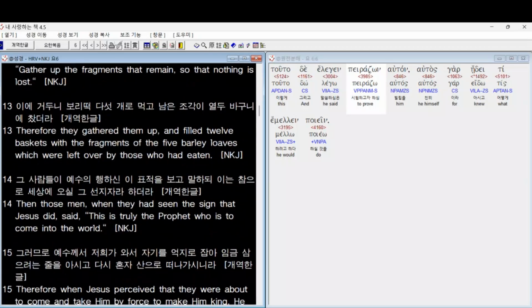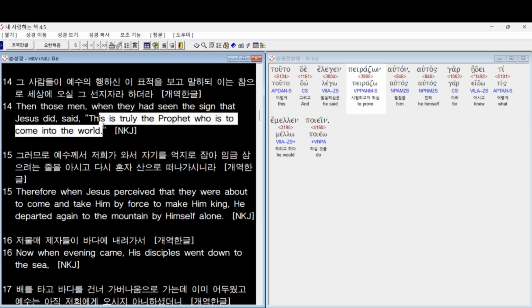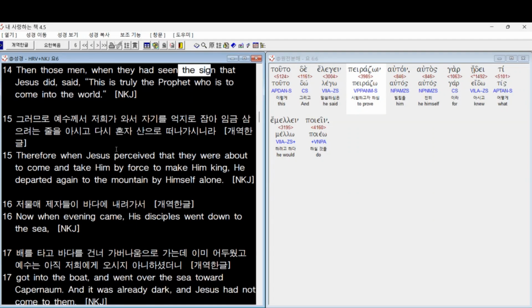Once he did that sign, the multitude had seen the sign, and they said, this is truly the prophet who is to come into the world. That is what the multitude is saying by seeing that sign.